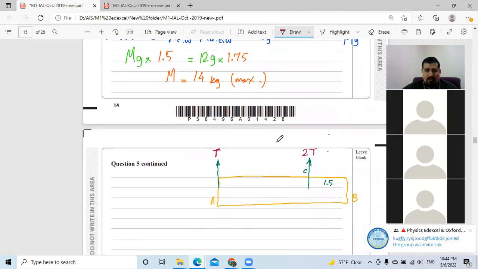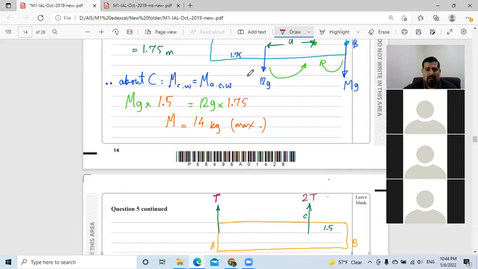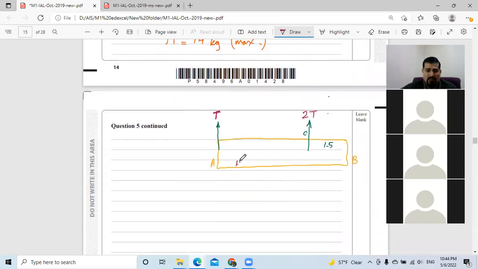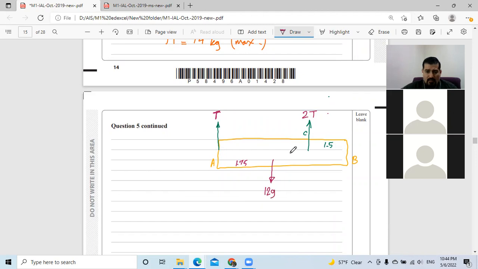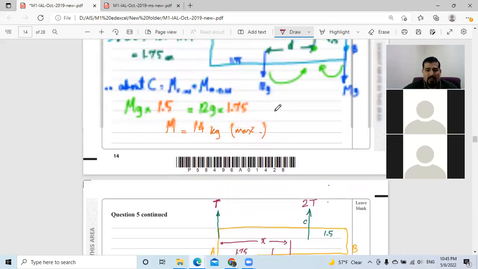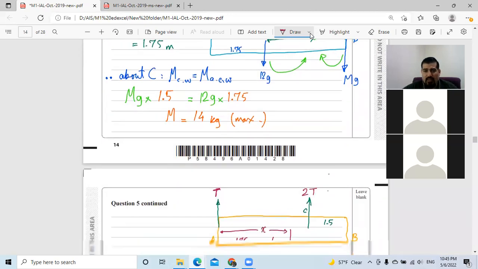And don't forget that we have a weight of 12g, which is 1.75 away from A. This is the weight of 12g. And there is another weight, at a distance of x away from A, which is 15g. And they ask about the distance x from A.